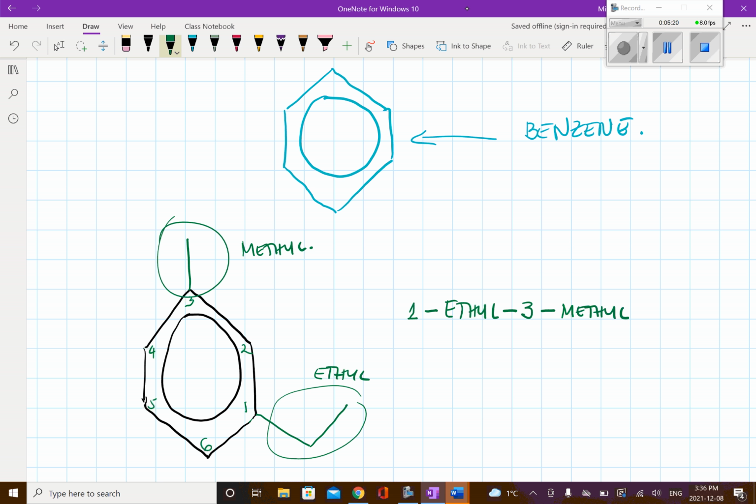E goes before M alphabetically, and then the main ring or main chain is benzene. Okay, so 1-ethyl-3-methylbenzene.